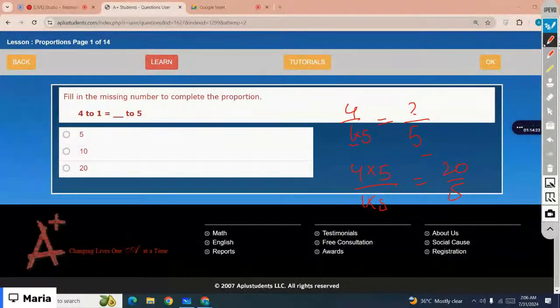So the missing number is 20. The correct option is 20.